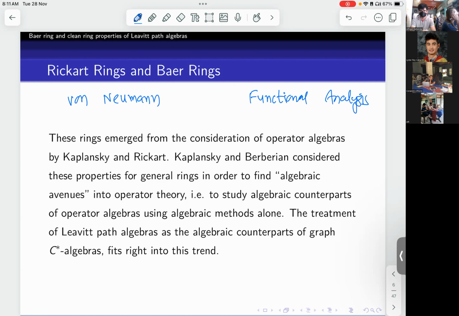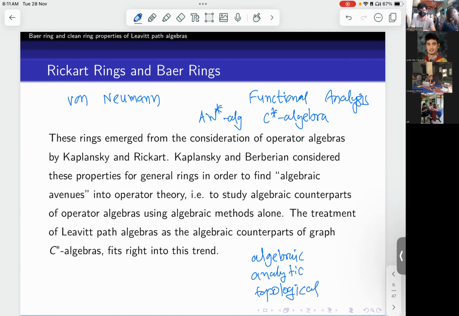and what they did is, whenever they had some C star algebra, they wanted to extract certain properties. They had C star algebras and AW star algebras, and they wanted to abstract those properties. C star algebras have three structures: algebraic, analytic, and topological due to the norm on it.